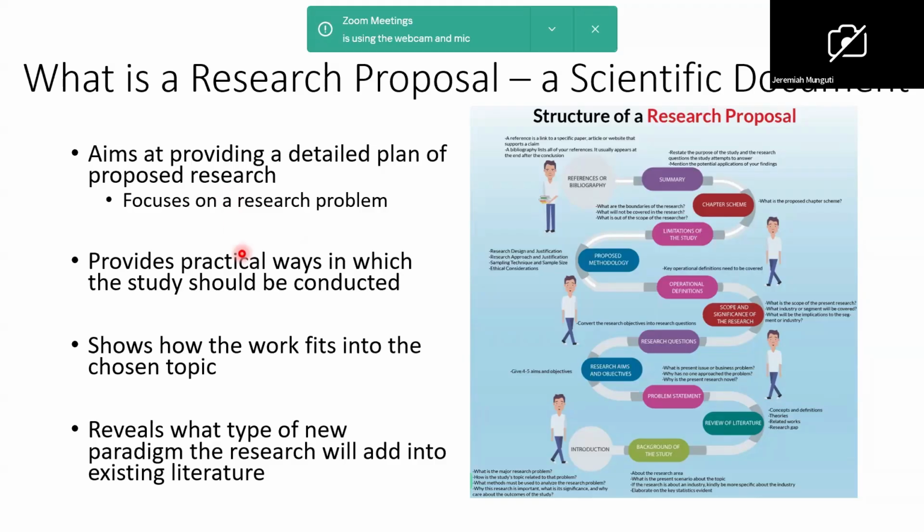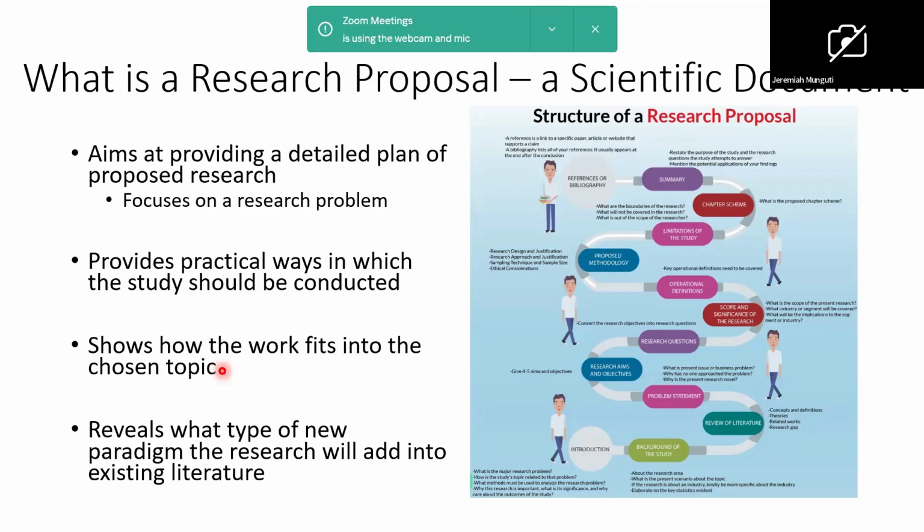And in this research proposal, you should be able to see the practical ways in which this study will be conducted, so that we are able to see the methods are appropriate to answer this particular question based on some specific objectives that have been given.